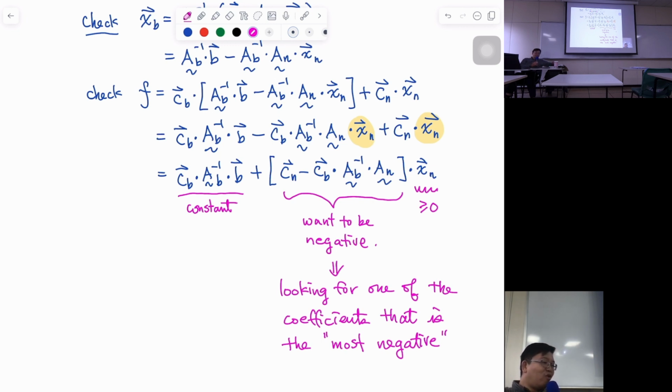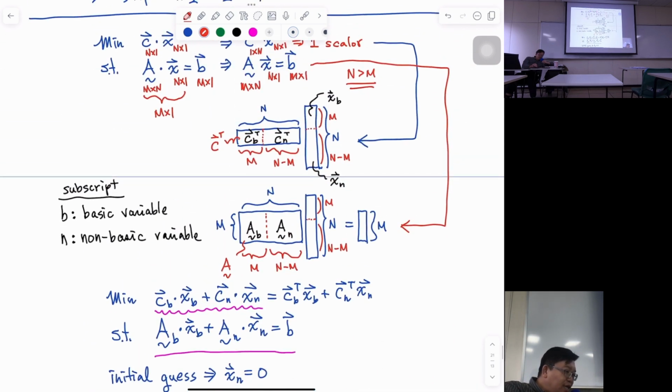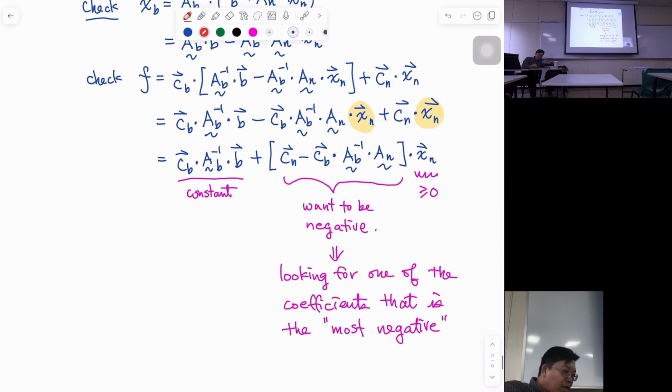So, before we continue, I want to check on the dimension of this chunk. So let's do this. Cn is n minus m, so this is a vertical, it's an n minus m by 1.